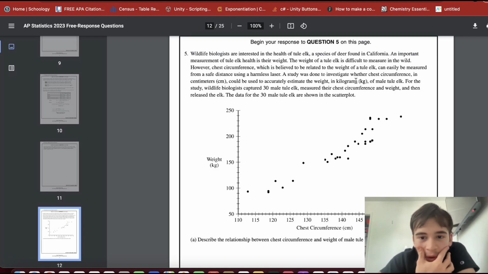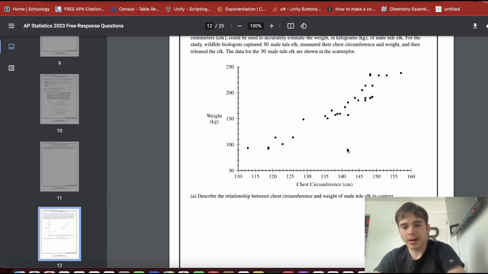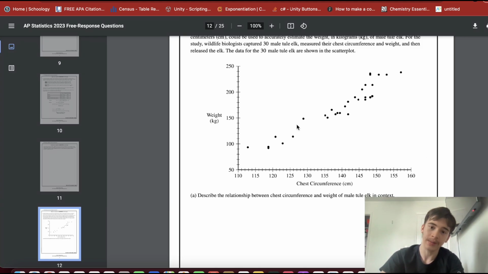Or is it California? Yeah, you would say the association between chest circumference and weight of the 30 captured male tule elk is positive, because it's positive, relatively linear, and moderately strong, because you can see how it follows a sort of linear pattern. The dots are compacted around an imaginary LSRL line.